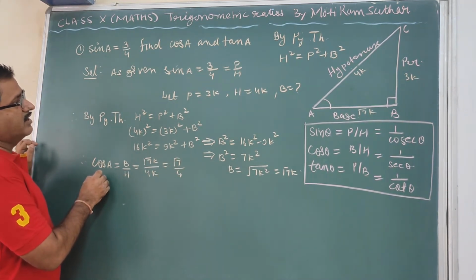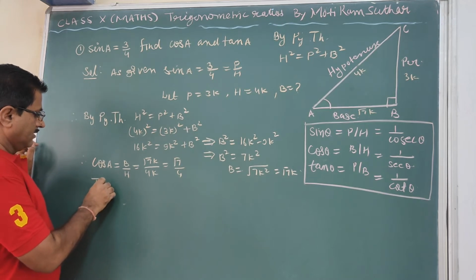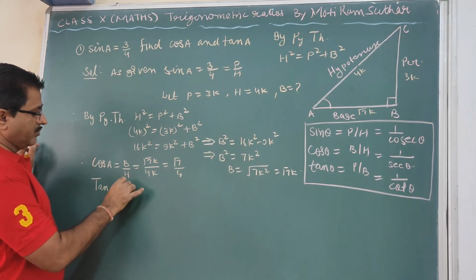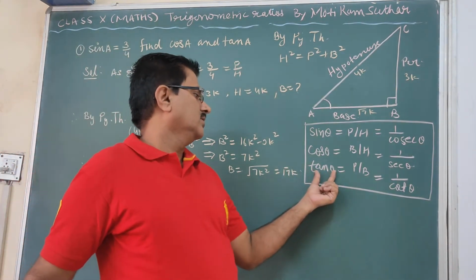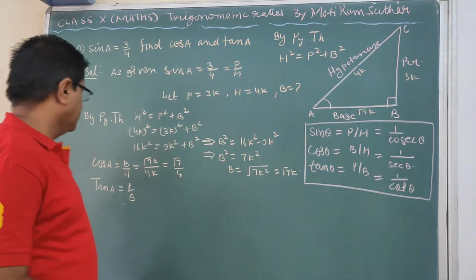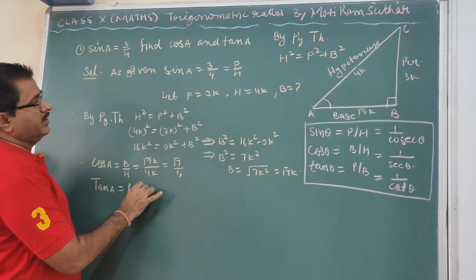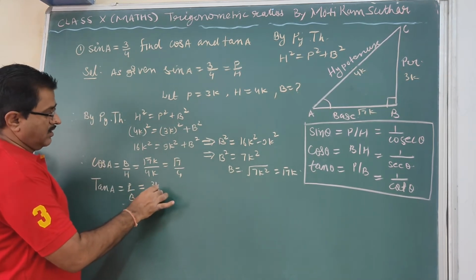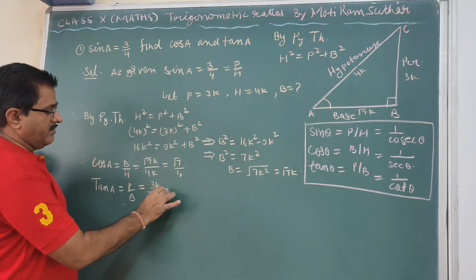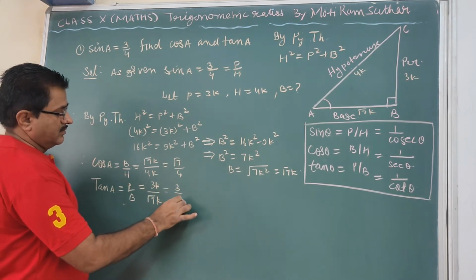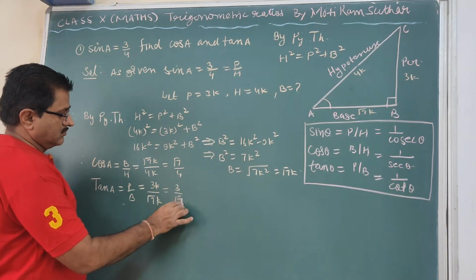Similarly, you may find the value of tan A. Tan A is perpendicular upon base. The right formula of tan A is perpendicular upon base. So here perpendicular is 3k and base is root 7k. So k divided by k is one, so root 7.